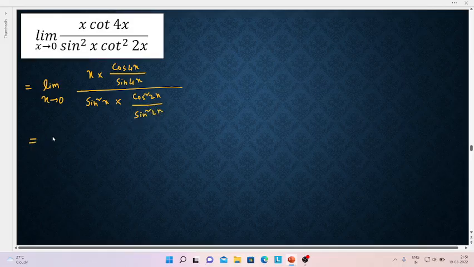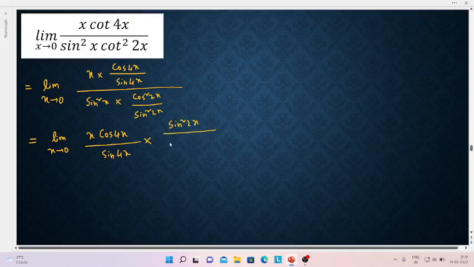So now I can write this as x cos 4x upon sine 4x, right? And that multiplied by sine square 2x upon sine square x into cos square 2x, right?